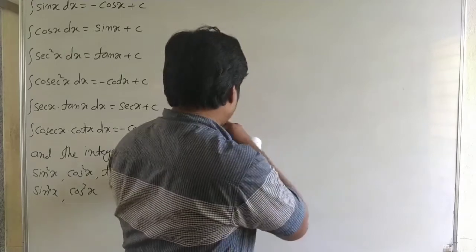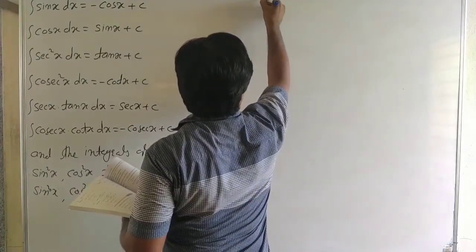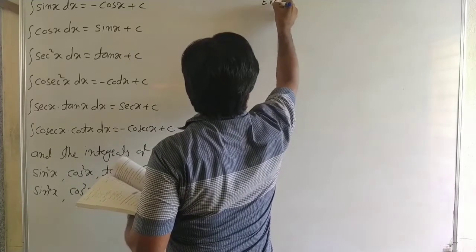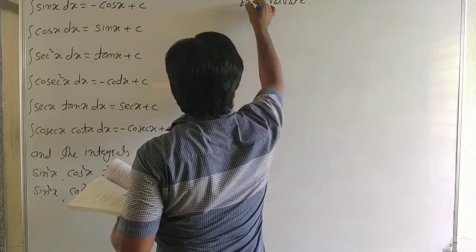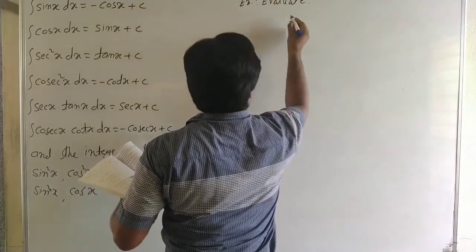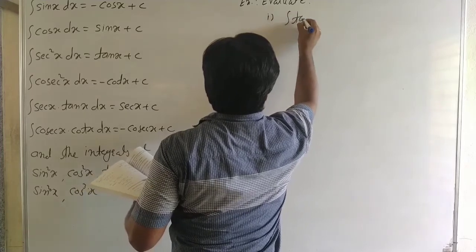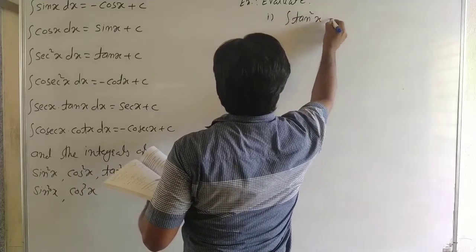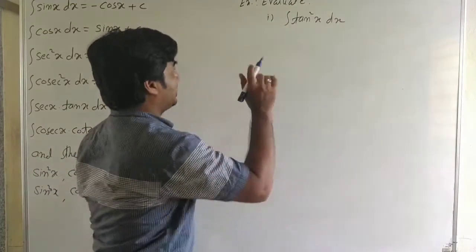Examples in exercise 3.1. Evaluate: first example, the integral of tan square x dx. We already saw this example in the last lecture.